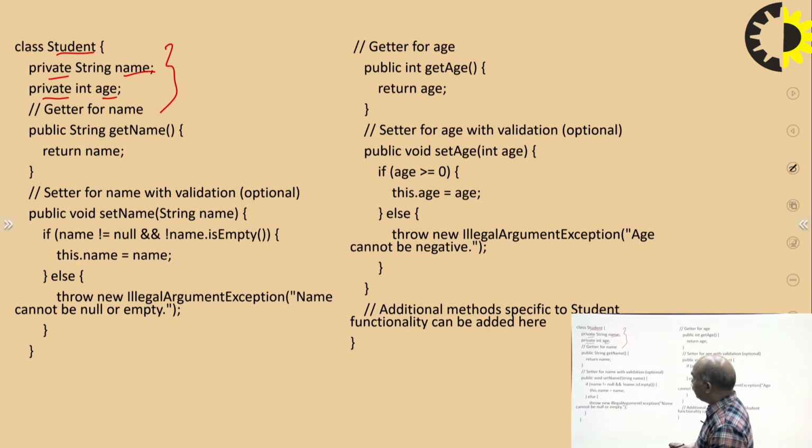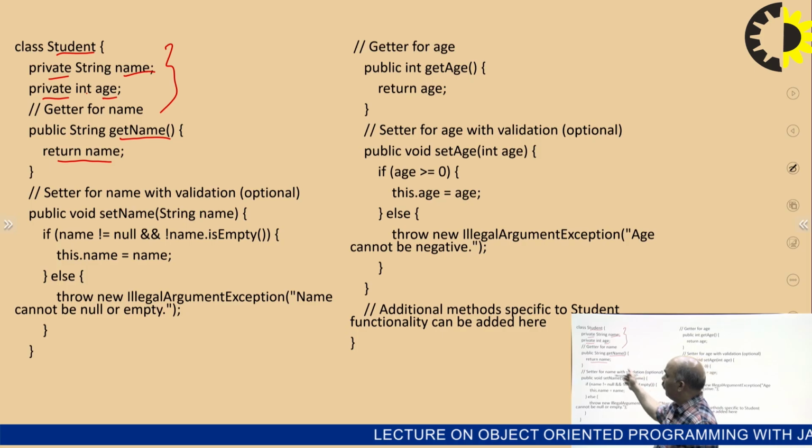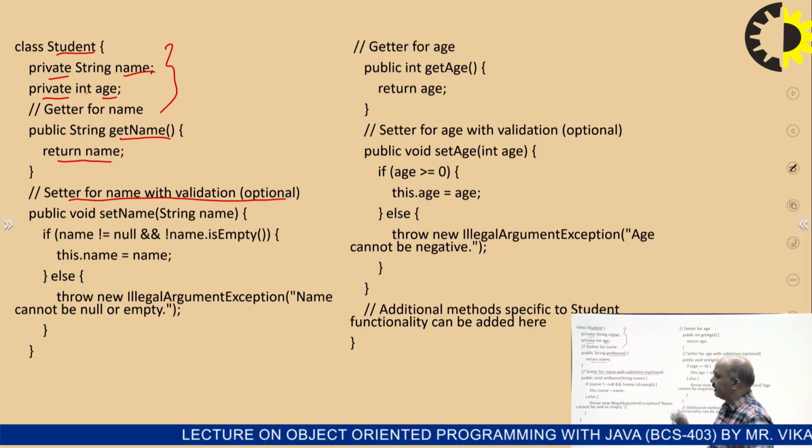So first thing is we create a private int age. Then we have a public String getName in order to get the name, and then we return the name. Now we provide a setter for the name with validation, which is optional.